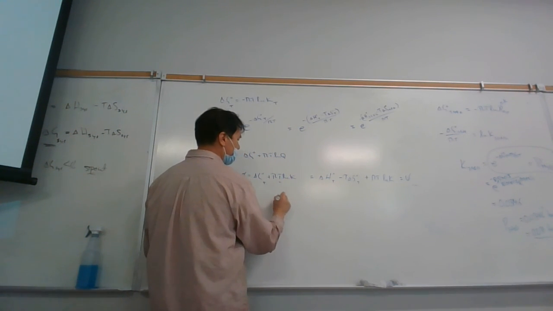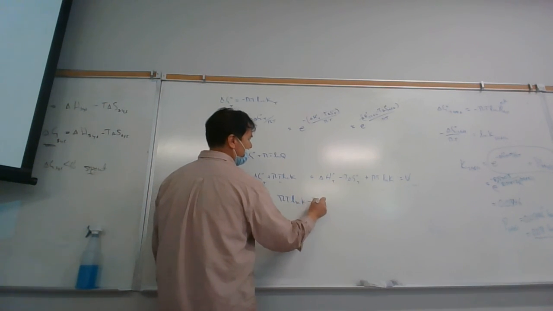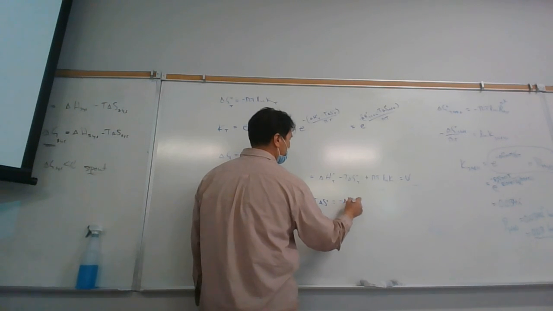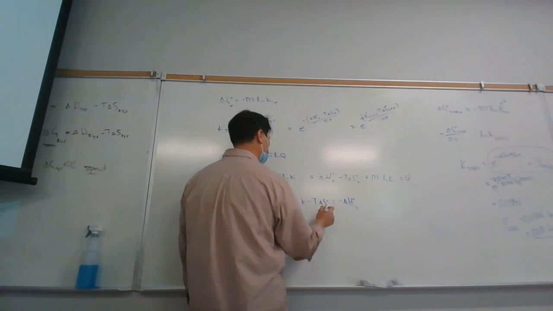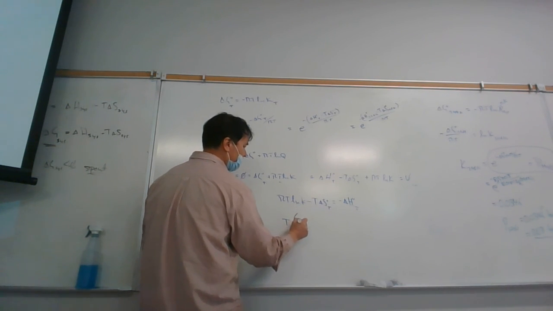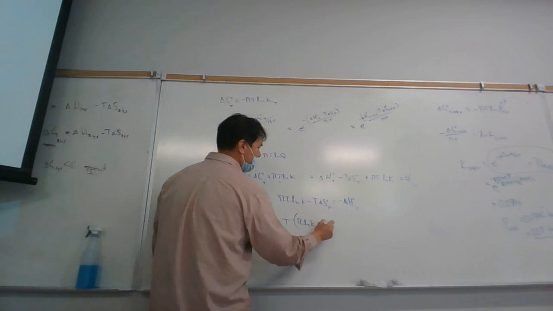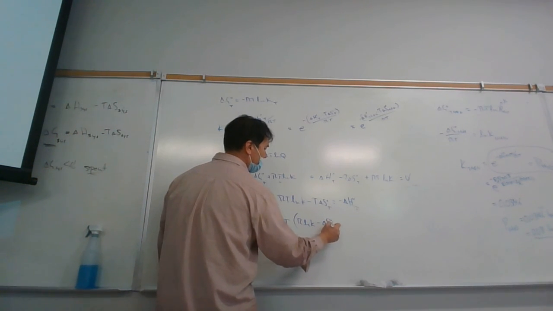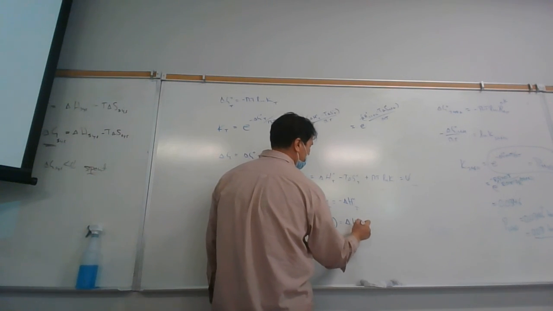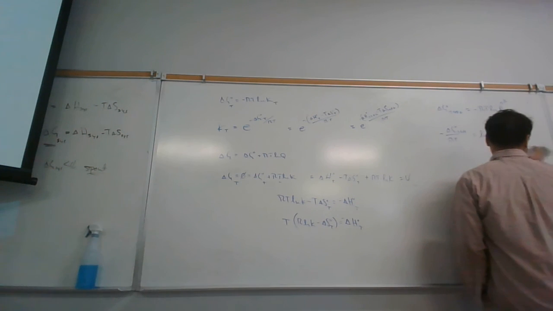So I'm going to go RT ln of K minus T delta S naught is equal to minus delta H naught at temperature T. Factor out the T: T times R ln of K minus delta S naught is equal to minus delta H naught at temperature T. This is one more equation.